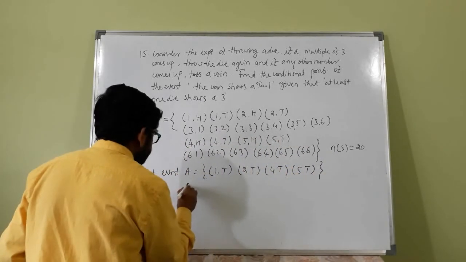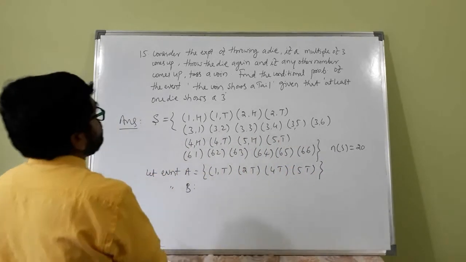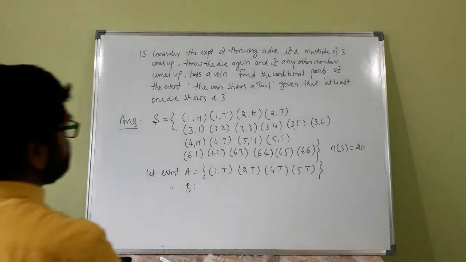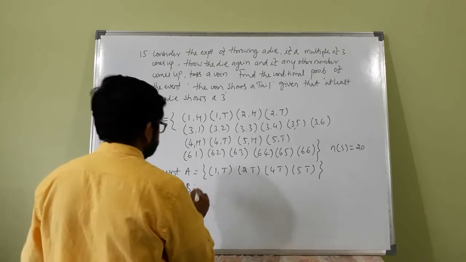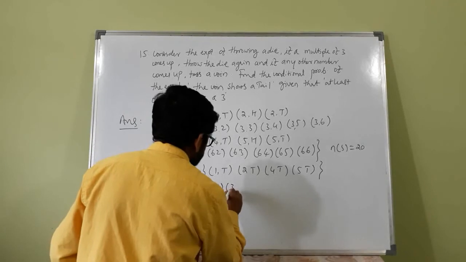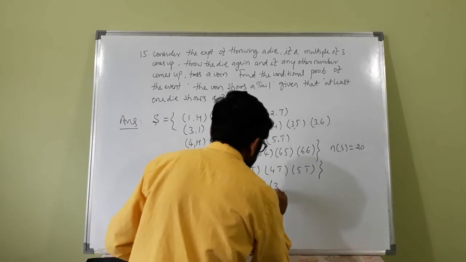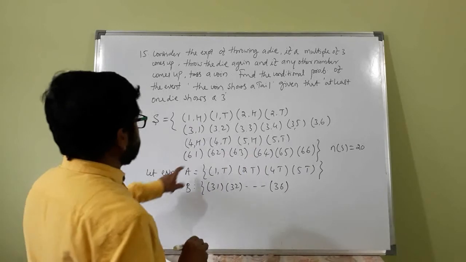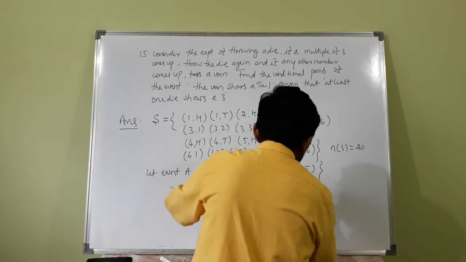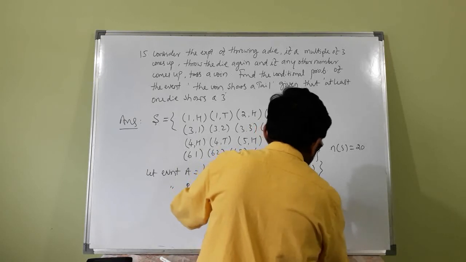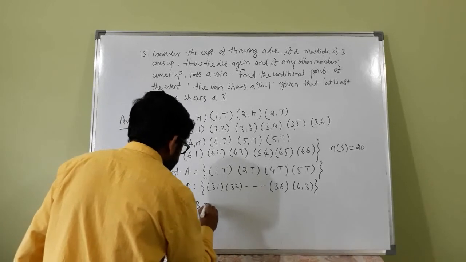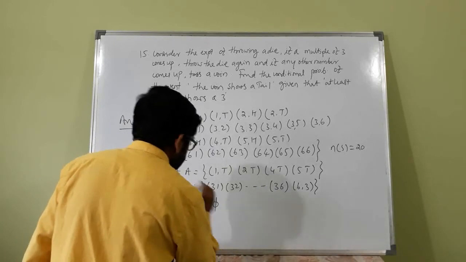What is event B? Event B is that at least one die shows 3. One die shows 3 means 3,1, 3,2, and so on up to 3,6, and here 6,3. No other numbers. Okay, what is A intersection B? A intersection B has no common element.